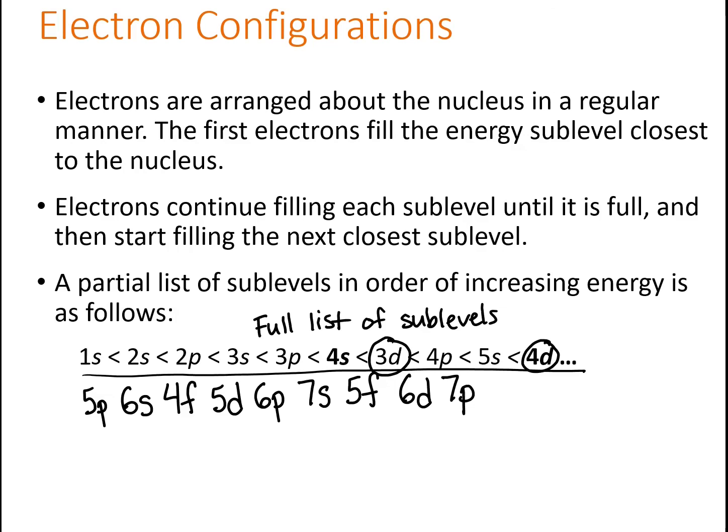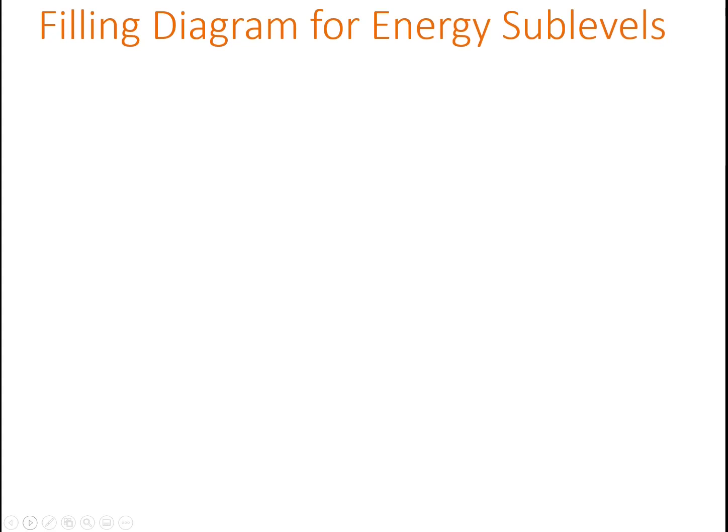So as you're filling your electron energy levels, you're always going to fill the 1s first, then the 2s, then the 2p, and you're going to fill until all of your electrons have been placed. So what does that mean? We're going to go back to our handy carbon example. And this time I'm going to write it correctly.